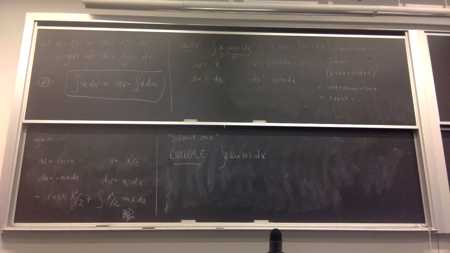Right? So we should put it to that, and then x dx, which equals ln x minus x squared over 2. Is that the answer?